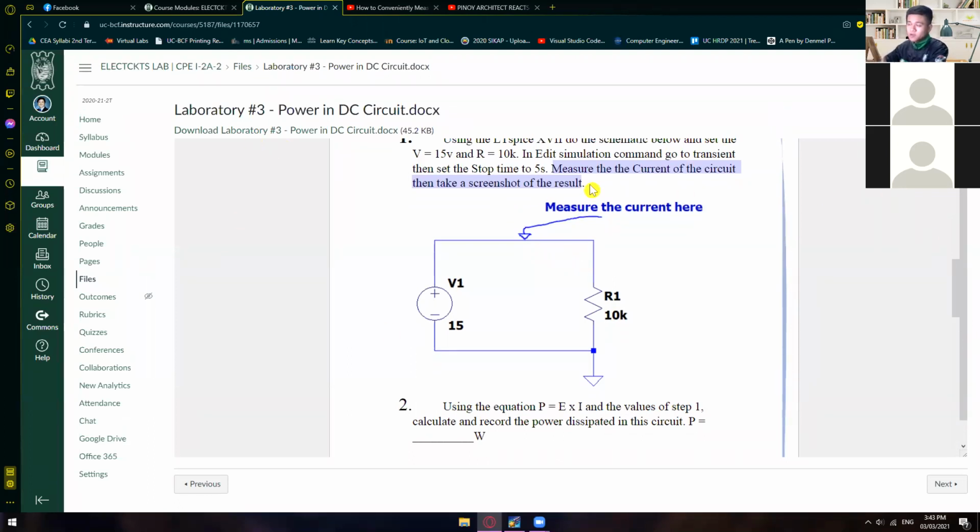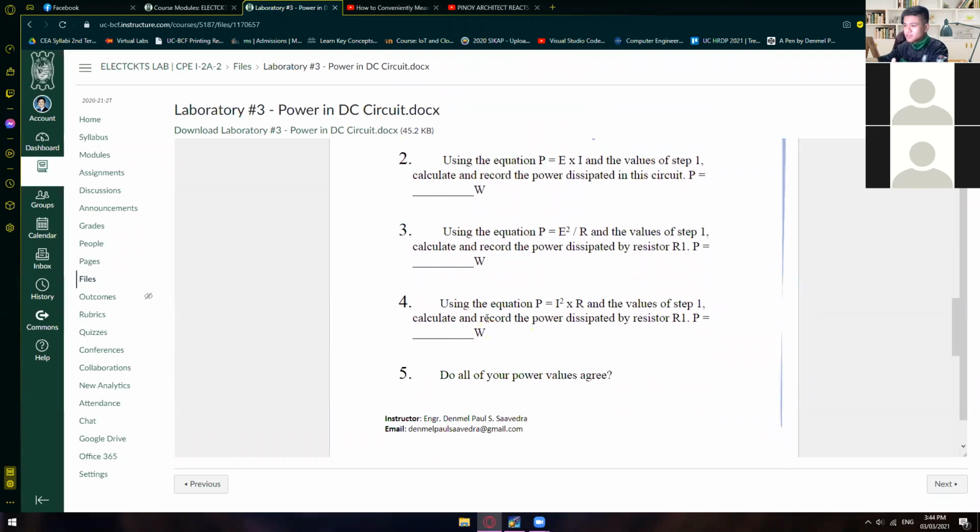Though you can check it on the bottom left, that's just a quick peek or a quick guide on what the name of that node is and what the value or the current on that node is. So even though you have that function on the AltiSpice, I still need the graph. Put the graph down below, and then the computation.